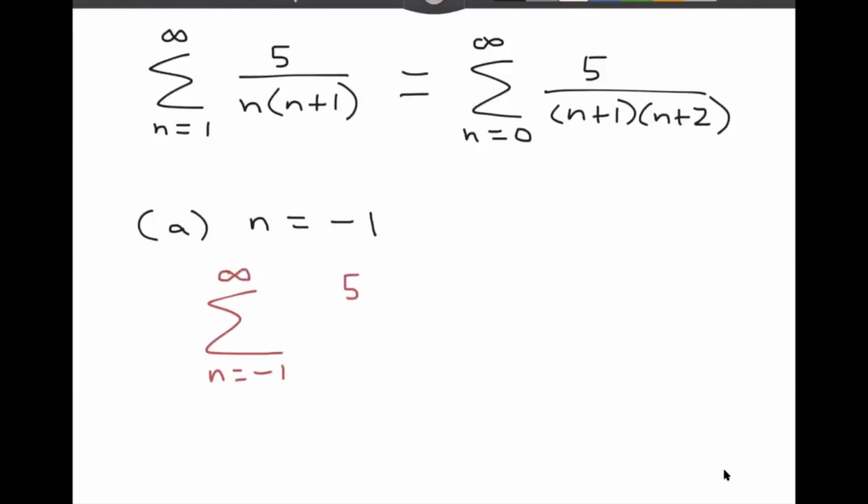Well, remember that you want this first factor on the bottom, this one right here, to be a 1. So if we're going to use -1, I think the most obvious way to do that is to put an n plus 2 there, and then make this other factor n plus 3. Okay, so the first term will still be 5 over 1 times 2.